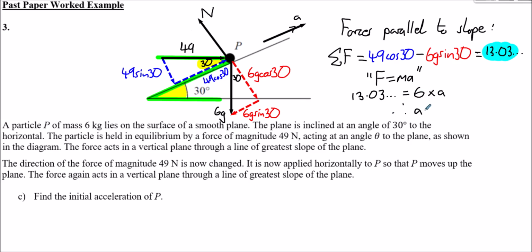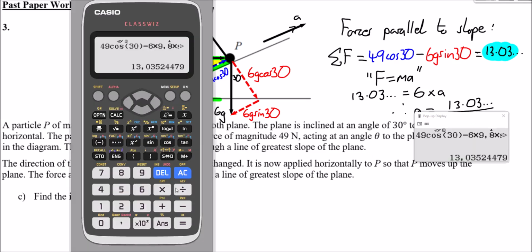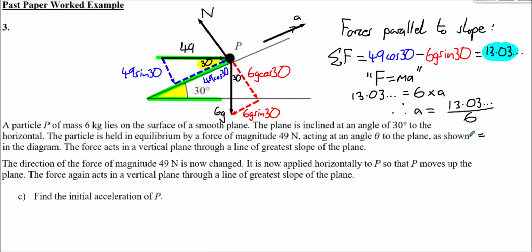So therefore the acceleration of this particle up the slope will be 13.03, and so on and so forth, divided by 6. And so that should give us an answer of approximately 2.17. So 2.17, remember the units as well, meters per second squared.